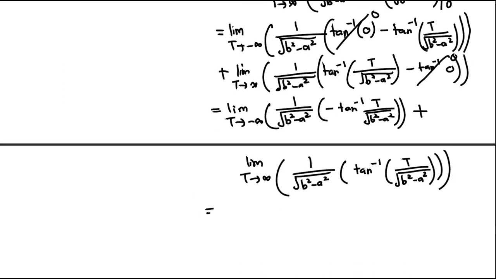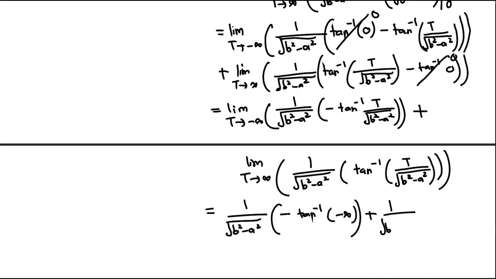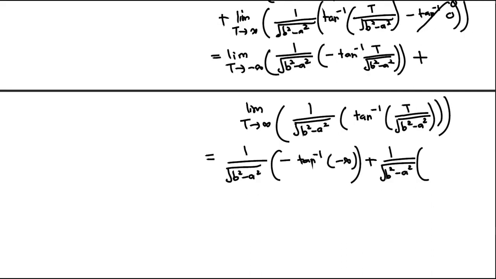So now apply the limit: 1 over square root of b squared minus a squared, and then negative tangent inverse of negative infinity, plus 1 over square root of b squared minus a squared, tangent inverse of infinity. So you refer to the graph.